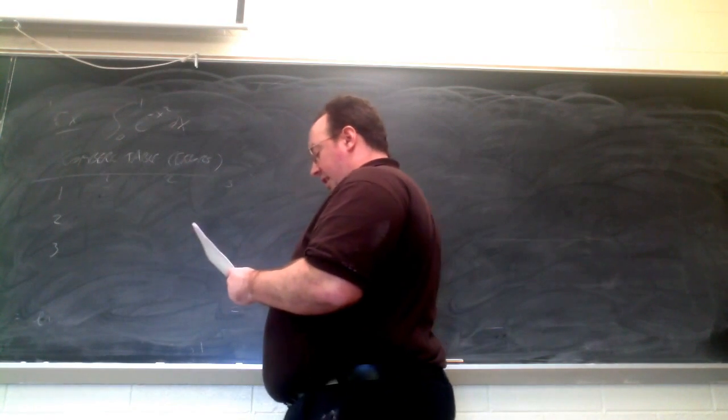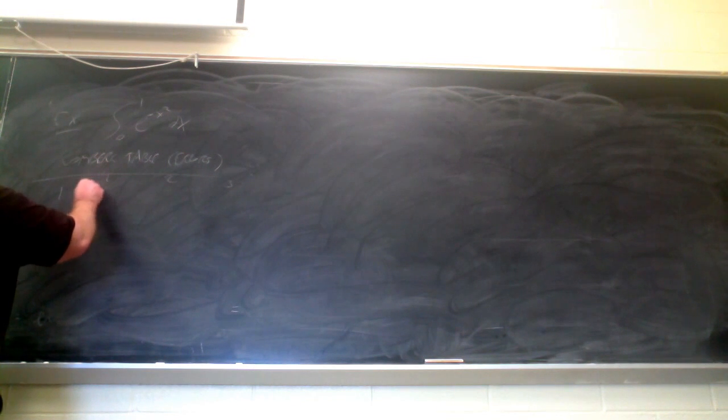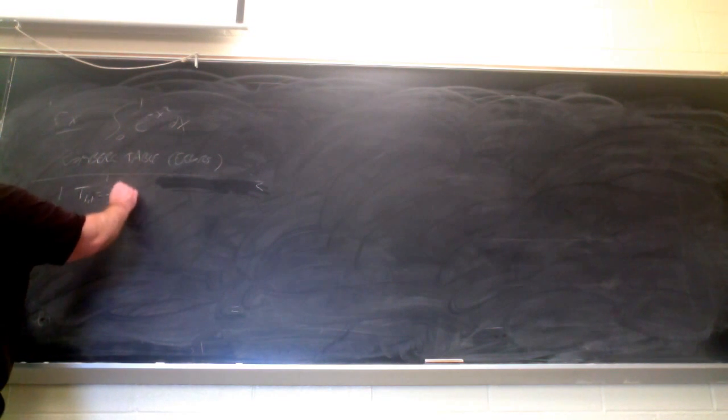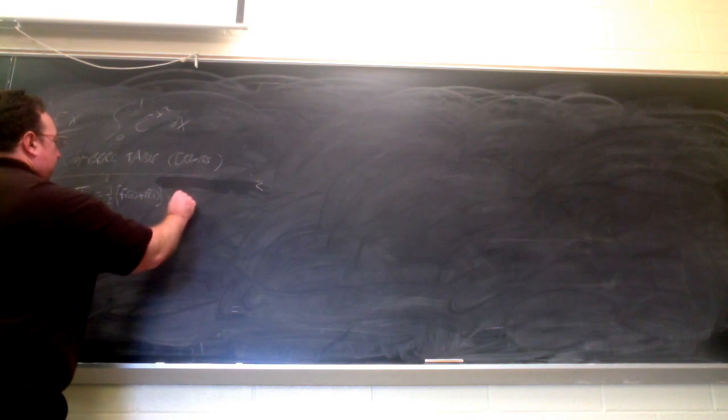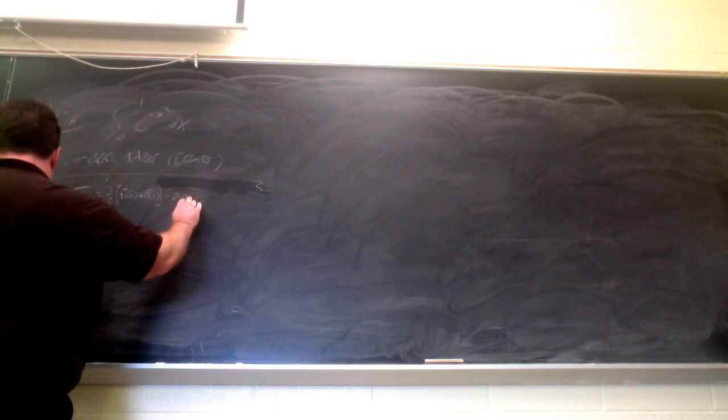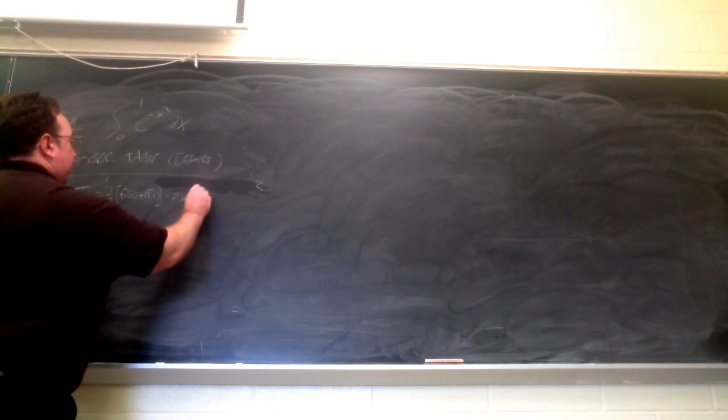So I perform the basic trapezoidal rule. Here I have T11, which is 1/2 times f of 0 plus f of 1. This gives me an error of nothing great, 0.63. So I have only one decimal place correct.